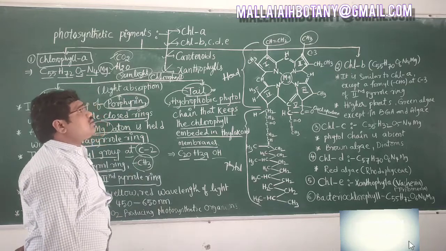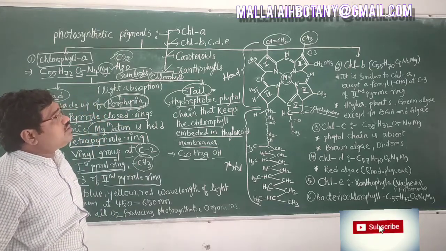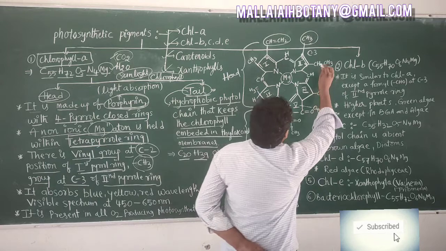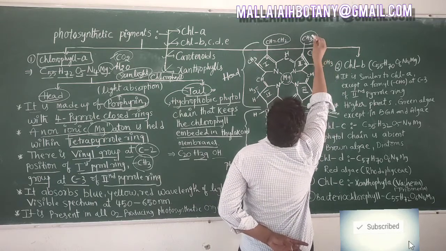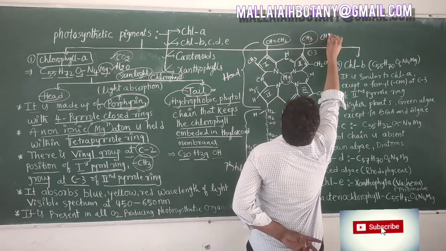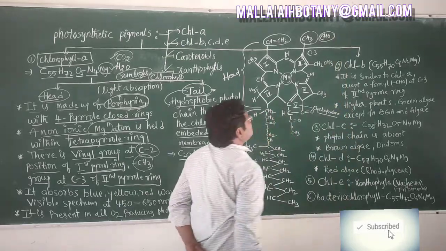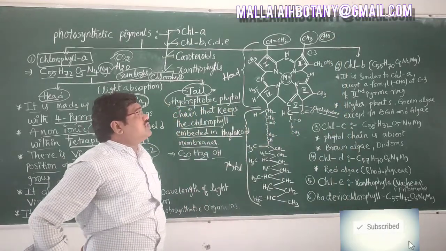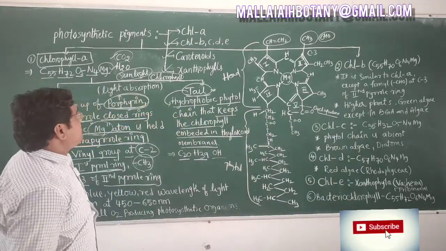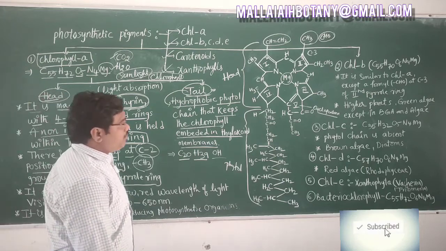Then what is chlorophyll B? What does chlorophyll B mean? At carbon 3, in its place, an acetaldehyde group is there. This is the most important concept. So what is the difference between chlorophyll A and chlorophyll B?